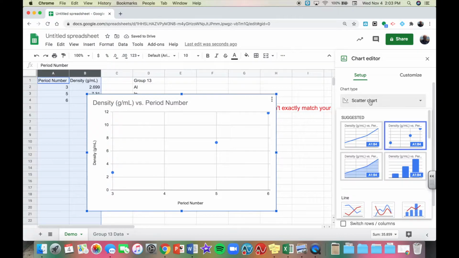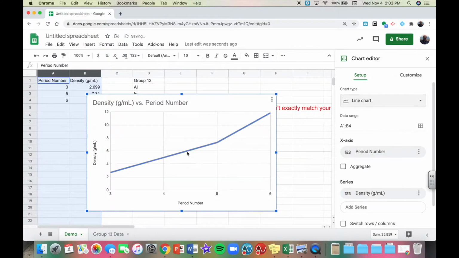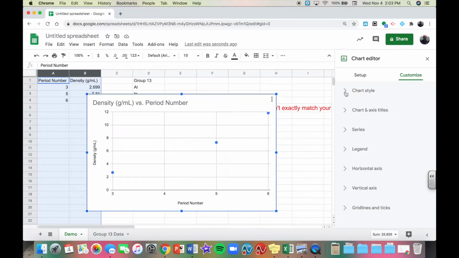If we had a line, then we are implying that all the numbers in between 4 and 5, like 4.2 or whatever, exist. Well, there is no period 4.2. That's why we are using a scatter plot. These are discrete points. Then we'll hit Customize.